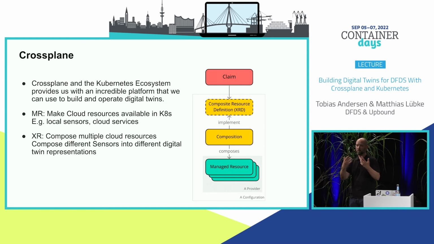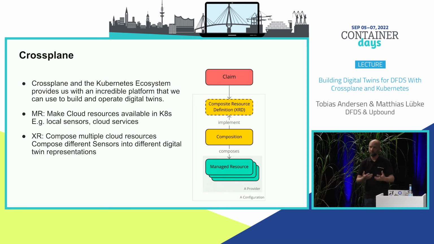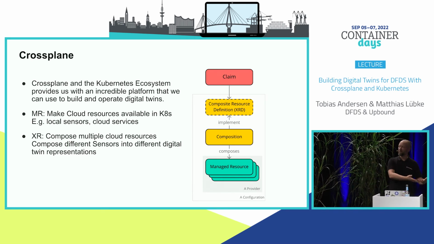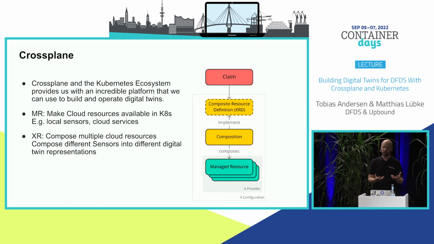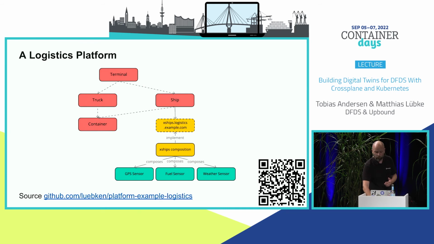So you have your database, you have your VPC or something, and you get them up and running in your Kubernetes cluster. And then we have this abstraction layer on top of it, the composite resources, the XRs, as we call them, to map them together into a specific API, right? And that's the usual stuff we do with Crossplane. But you can map this to a digital twin platform.